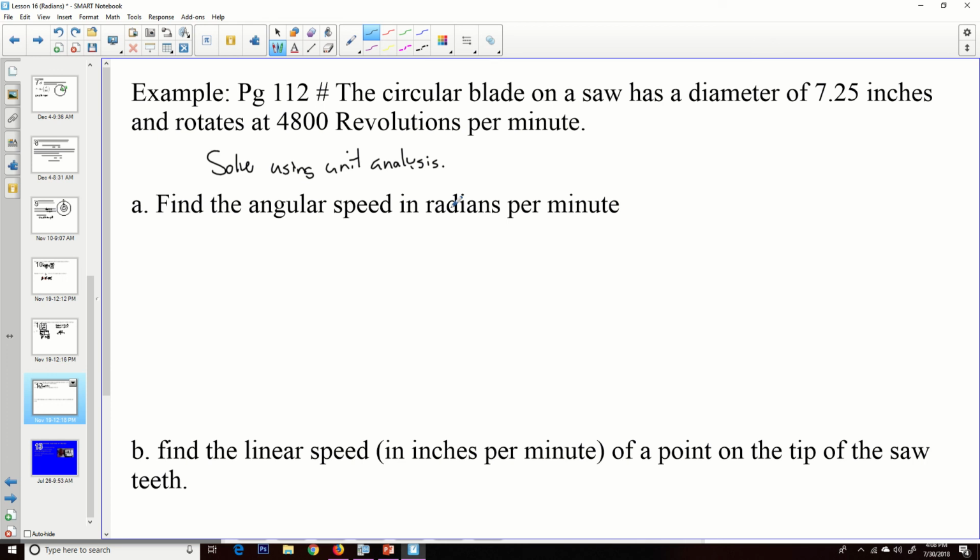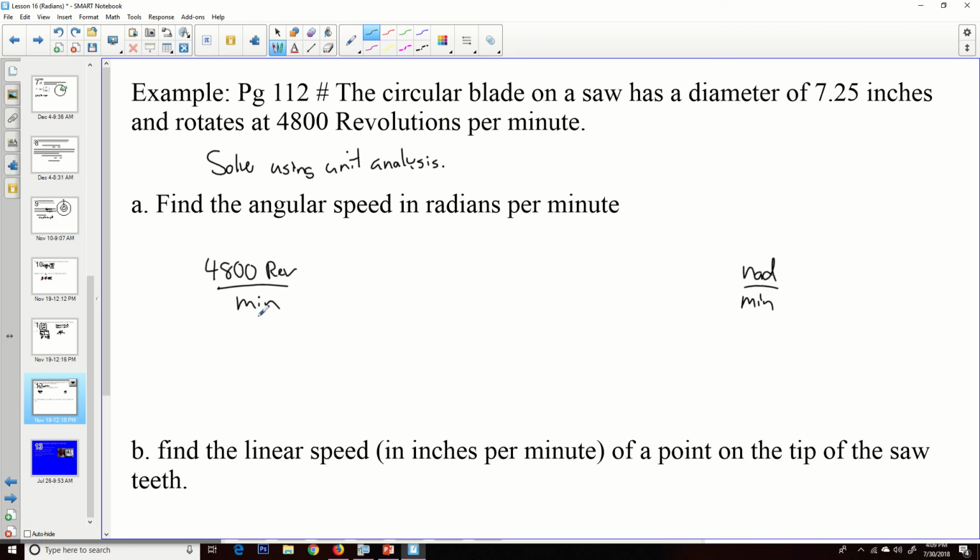If you manipulate the units, you can possibly get away without having to memorize an equation. So I'm starting with 48,000 revolutions per minute, and I want to get to radians per minute.